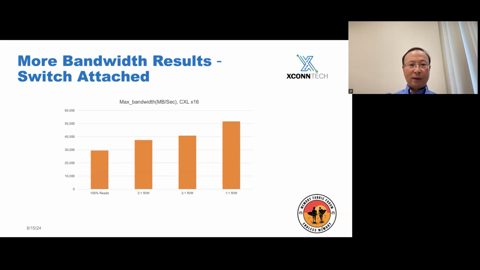In this configuration, you see the performance of read and write in different ratios. The one-to-one read and write go up to 52 gigabytes per second, and the 100% read will be close to 30 gigabytes per second throughput.